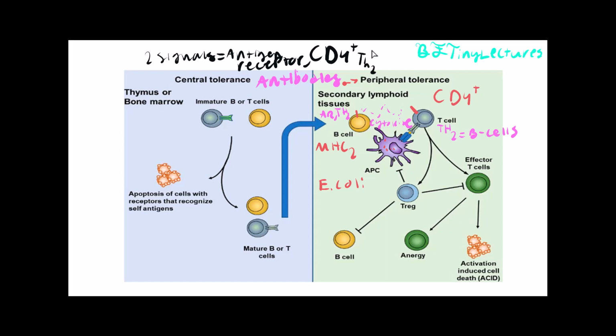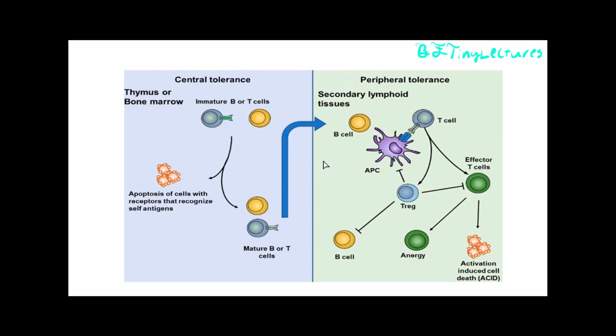Let's say that we have these little proteins floating inside the fluid, and these are self-antigens. And they're just floating around. If the B cell binds to one of these self-antigens, so we have a little receptor and they bind to these self-antigens, it's going to say, oh my gosh, I have something on my membrane, I have an antigen, I want to react to it, I want to mount an immune response to this antigen.